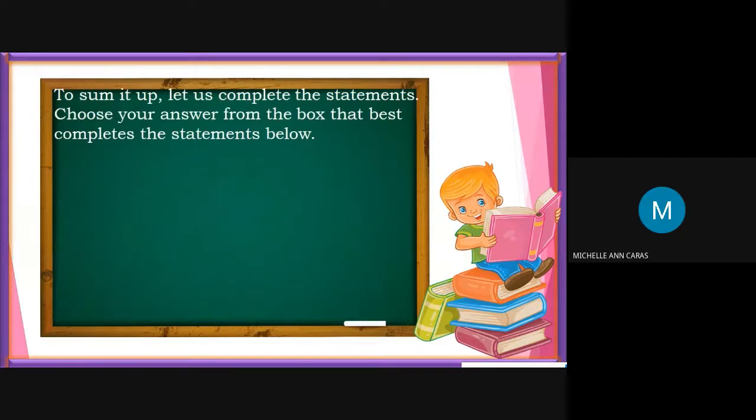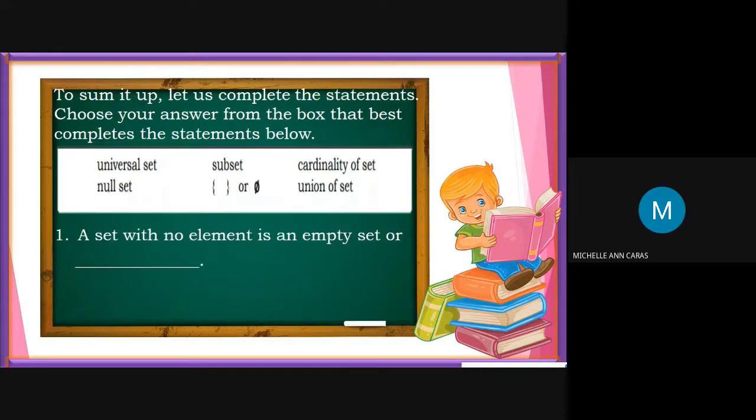Okay? So, to sum it up, let us complete the statements. Choose your answer from the box which completes the statements below. Okay, number 1, a set with no elements is an empty set or, okay, ang answer diri is a null set, of course.